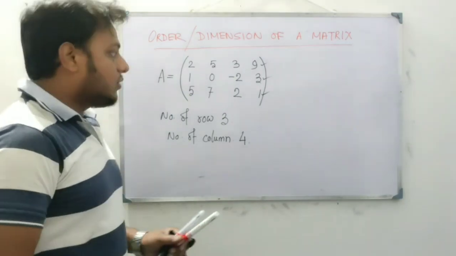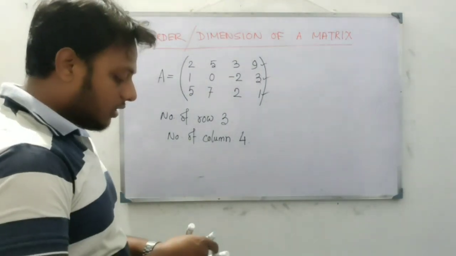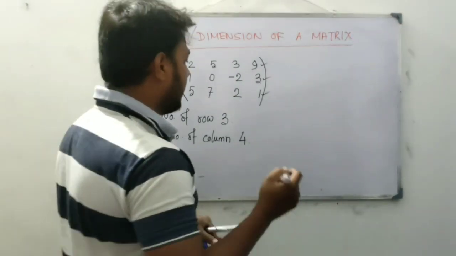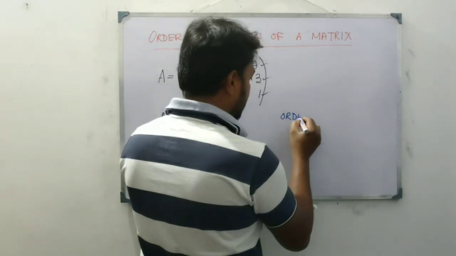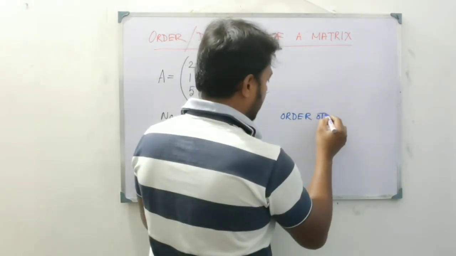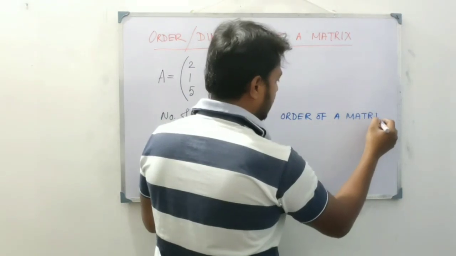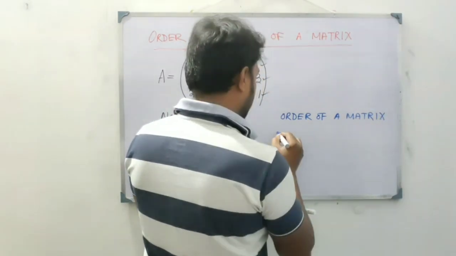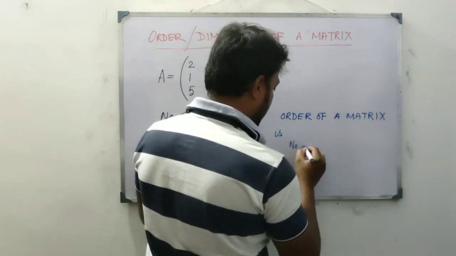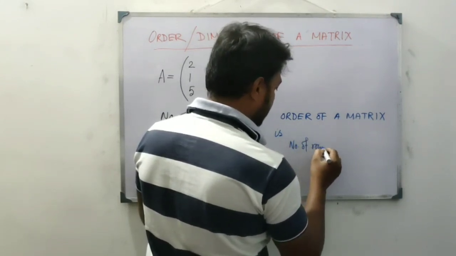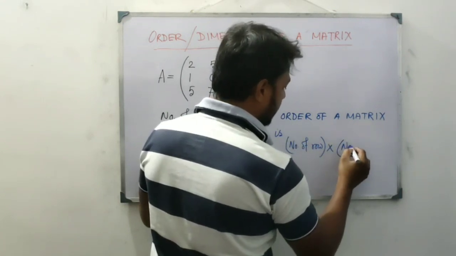So dimension means actually number of rows cross number of columns. Order of a matrix or dimension of a matrix is number of rows cross number of columns.